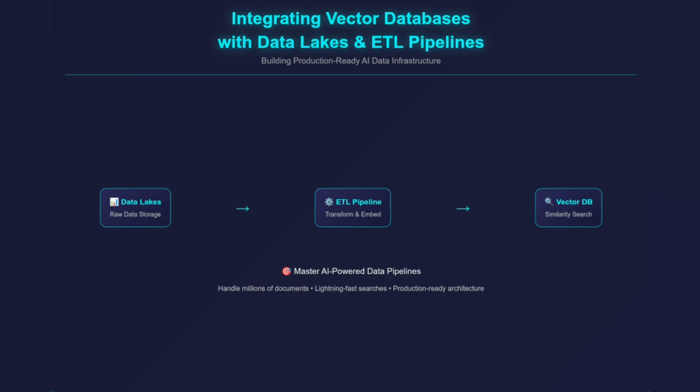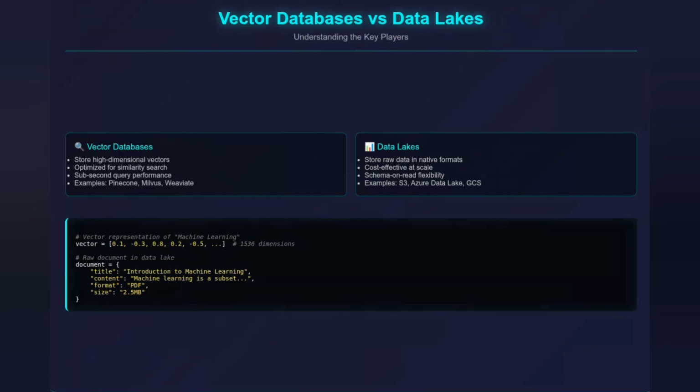So let's get started. Let's quickly recap the key players in our architecture. A vector database is a specialized database designed to store and query high-dimensional vectors. Think of them as mathematical representations of your data, whether that's text, images, or audio. On the other side, we have data lakes.